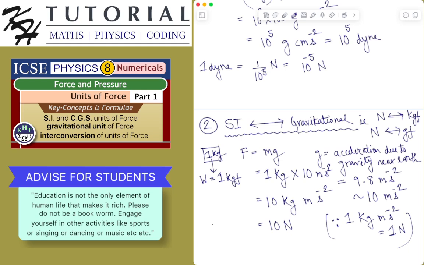So I can say 1 kgf is equal to 10 Newton. I will quickly check if I am correct or not. Yes, I am correct, because I am really not prepared. I am just scratching my head and trying to derive.